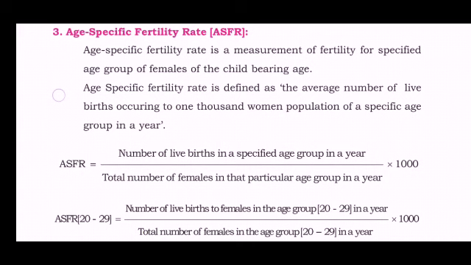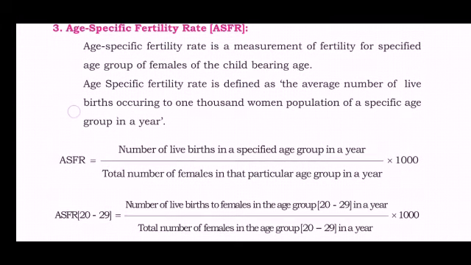By definition, the formula is ASFR is equal to number of live births in a specific age group in a year divided by total number of females in that particular age group in a year, into 1000. So it is the general formula for ASFR. If you take a particular age group for calculation of ASFR, then the formula will be modified as given here for age group 20 to 29.